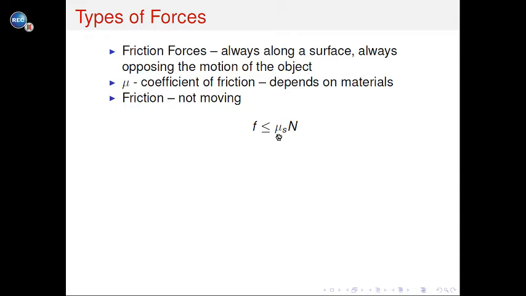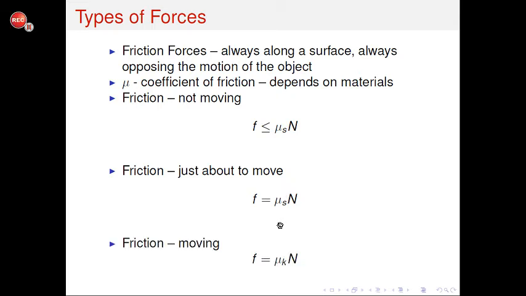And so there's two coefficients. There's one for it not moving and one for it moving. So the not moving is called the static coefficient of friction, mu sub s. If it's just about to move, then this is an equality. The net force is zero, and this friction force is mu sub s times the normal force.